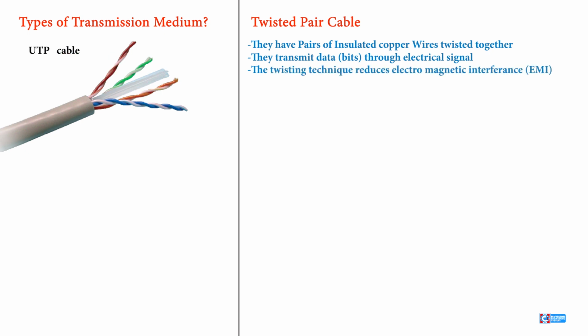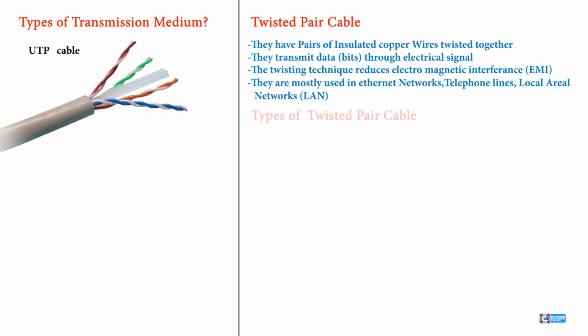The twisting technique helps to reduce electromagnetic interference during data transmission. Twisted pair cables are extensively used in Ethernet networks, telephone lines, and mostly in local area networks, LANs. Twisted pair cables come in various types, each designed for specific applications and performance levels.